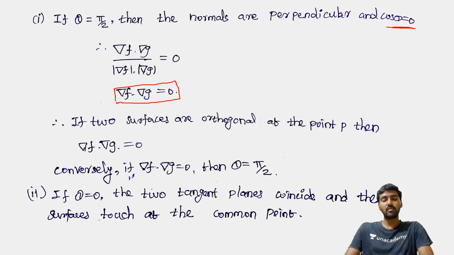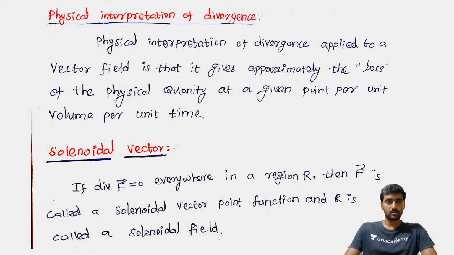Conversely, if del f dot del g is equal to 0, theta is pi by 2. If theta is equal to 0 degrees, then the two tangent planes coincide and the surfaces touch at the common point. It's a condition.